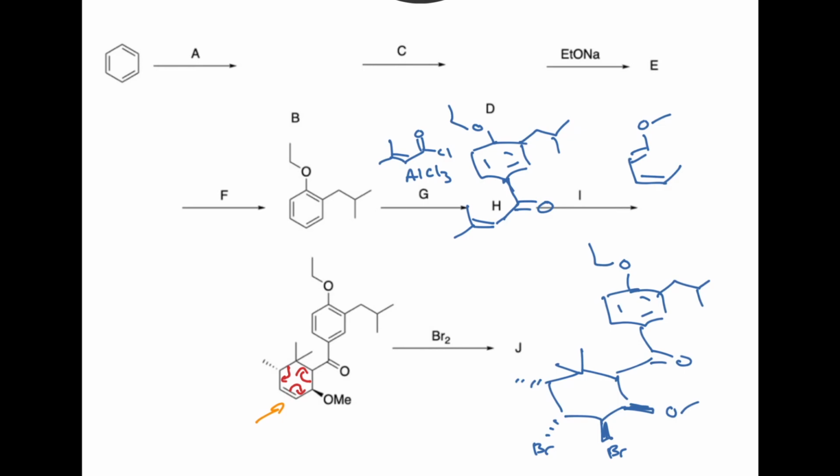So we have our given compound here that has the ethoxy ortho to an isobutyl. But we got there by using sodium ethoxide. What's the only thing that we've done where you would have sodium ethoxide reacting with an aromatic ring?